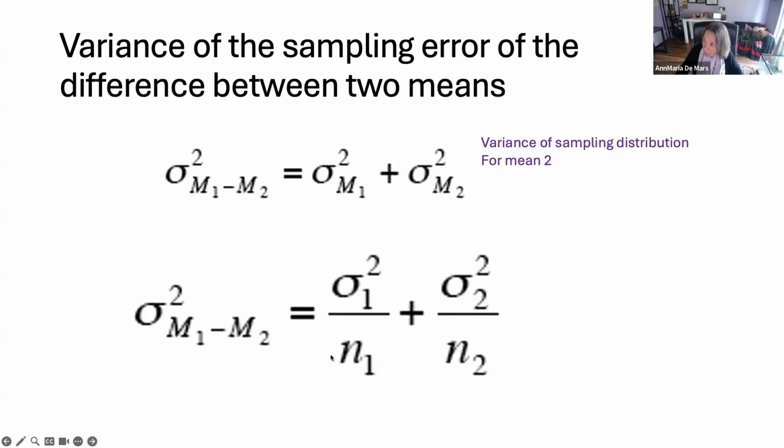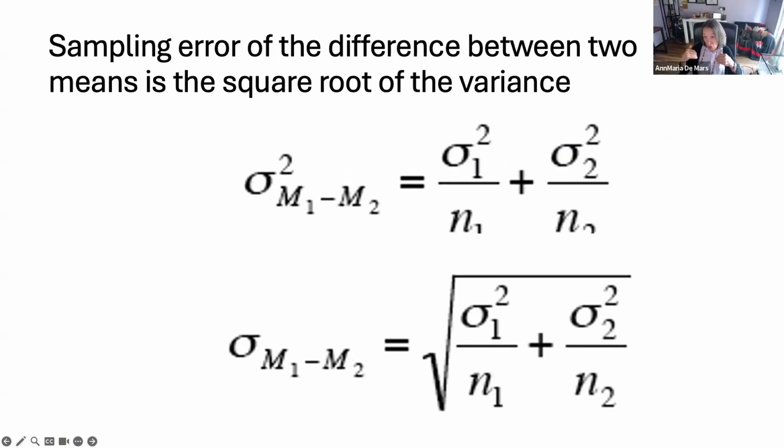Another way to look at that is it's the variance for group 1 divided by n1, plus the variance for group 2 divided by n2. To get the sampling error of the difference between two means, you take the square root of the variance, just like the standard deviation is the square root of the variance, right? We have here the standard error: variance of group 1 divided by the number in group 1, plus variance of group 2 divided by the number in group 2. If we want to get the sampling error, not variance, we take the square root.